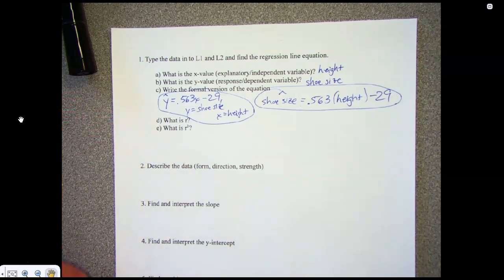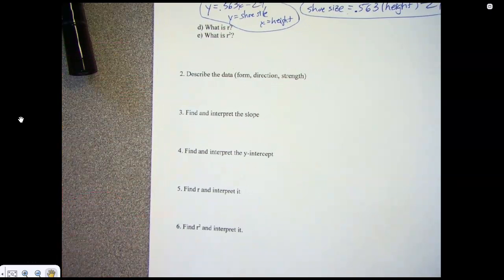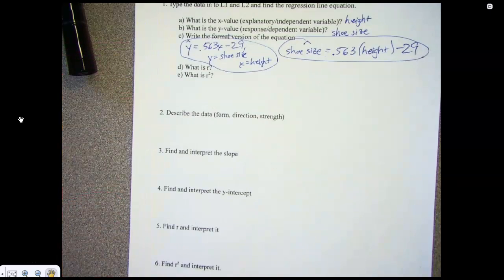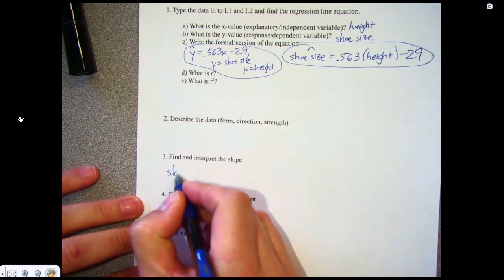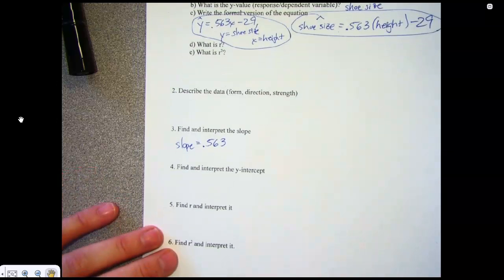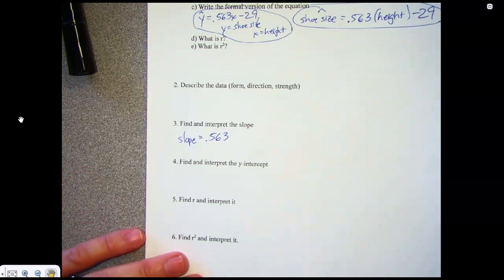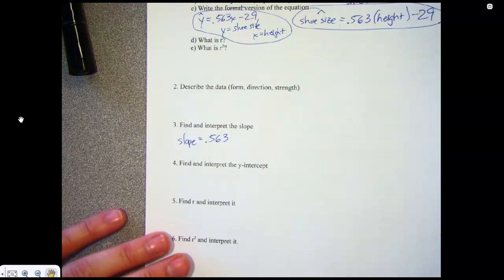All right, let's jump to finally interpret the slope. Number 3. 0.563, right? I found it. Step 1. Nice. Interpret is a little tougher. But keep in mind the slope.